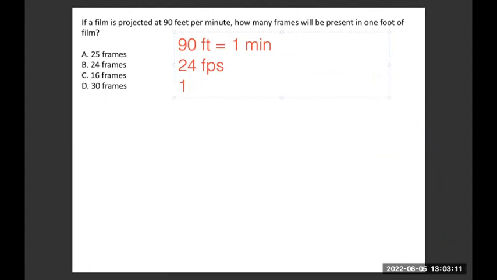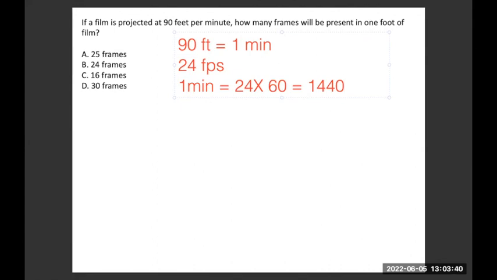So within 1 minute, the number of frames will be how many? If 24 frames are projected per second, so 24 into 60, that will be equal to 1440. Is that right?